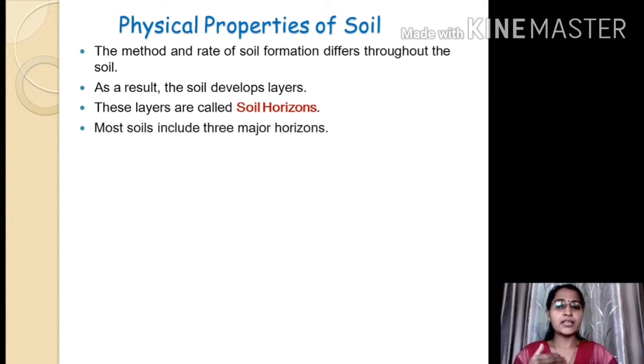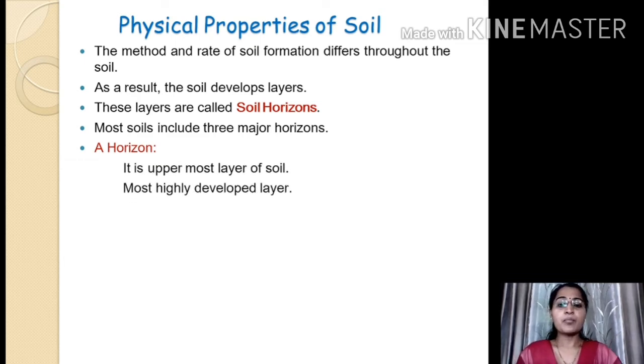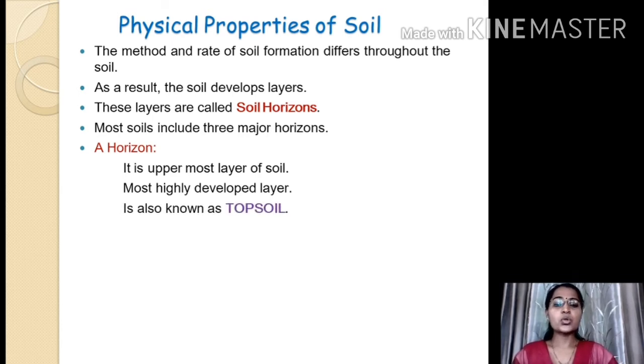There are three major horizons. The first one is A horizon, or horizon A. It is the uppermost layer of soil. It is the most highly developed layer and is also known as topsoil.